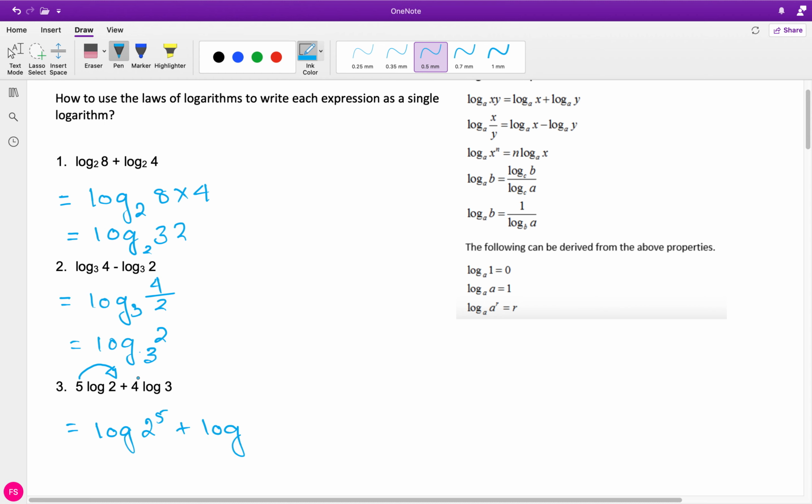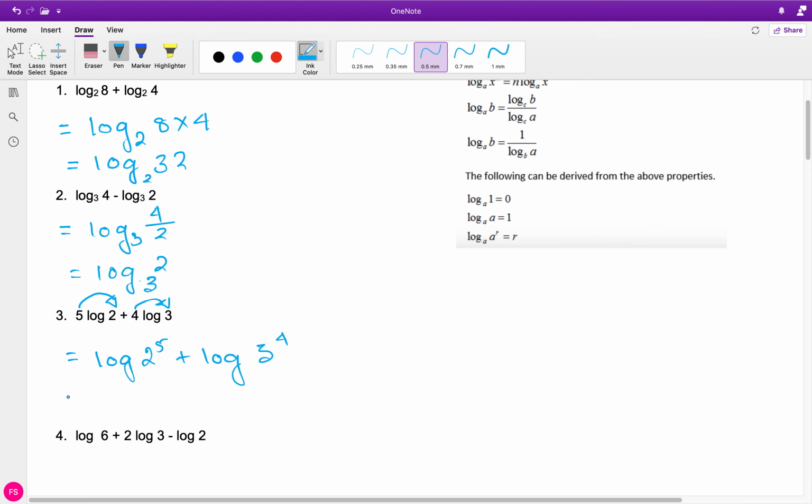I'm going to do the same thing to this side as well. Move it back: log of 3 to the power of 4. This will give me log of, now you can just multiply. One thing to note, there is no base given. Whenever you don't have any base, you have to assume that the base is 10.